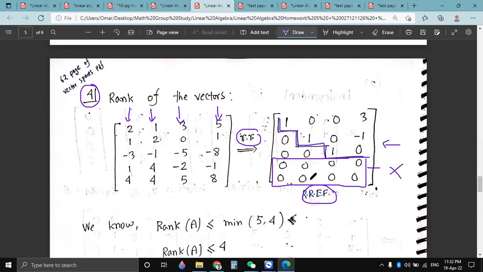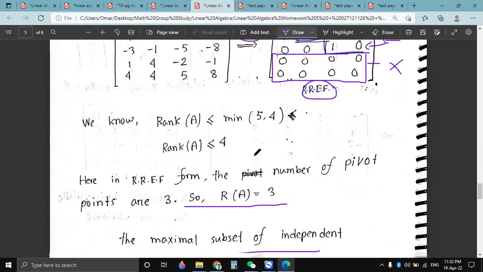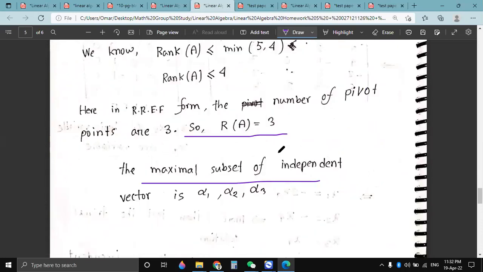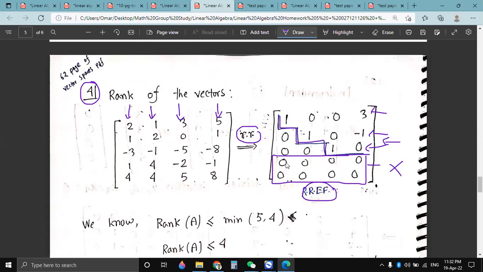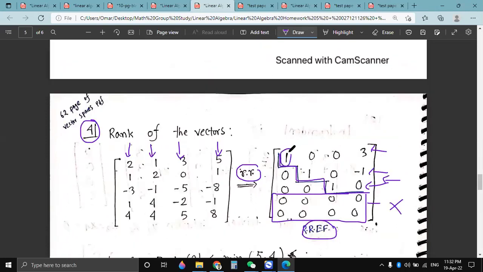If you skip this row, because all of its entries are 0, you will get the first row, the second row, and the third row, right? So for this reason, our maximal subset of independent vectors is alpha 1, alpha 2, and alpha 3, okay? Not alpha 4.